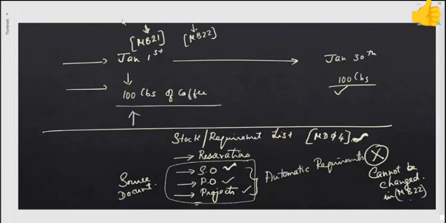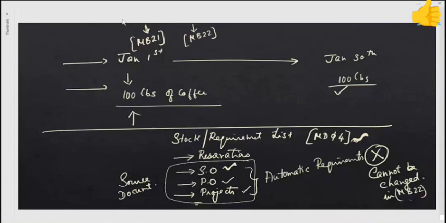MD04 is a stock requirement list where all the requirements for stock of a particular material in a particular plant is displayed by SAP, and actions can be taken based off of that.